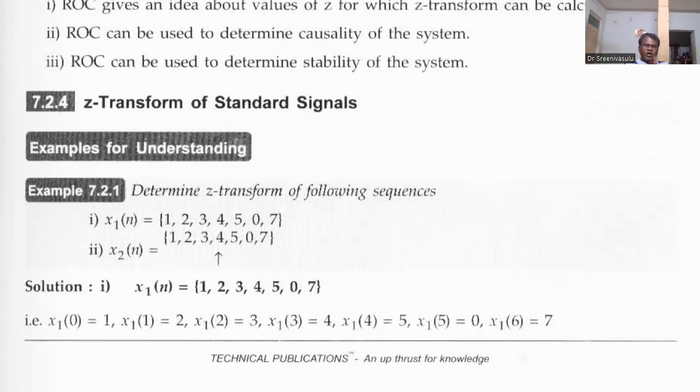Suppose he has not given any arrow, by default you take the first one as 0. So x1 of 0 is 1, x1 of 1 is 2, x1 of 2 is 3, x1 of 3 is 4, x1 of 4 is 5, x1 of 5 is 0, x1 of 6 is 7, like this.